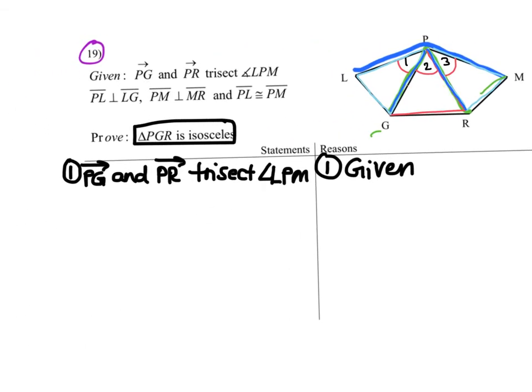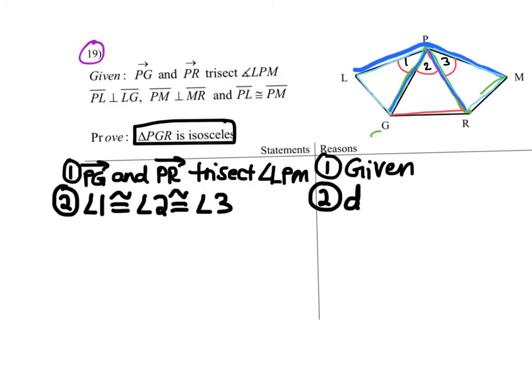All right, I didn't finish that first part of the proof. I need to say that angles 1, 2, and 3 are all congruent to each other. It's going to be definition of trisect. Okay, done.